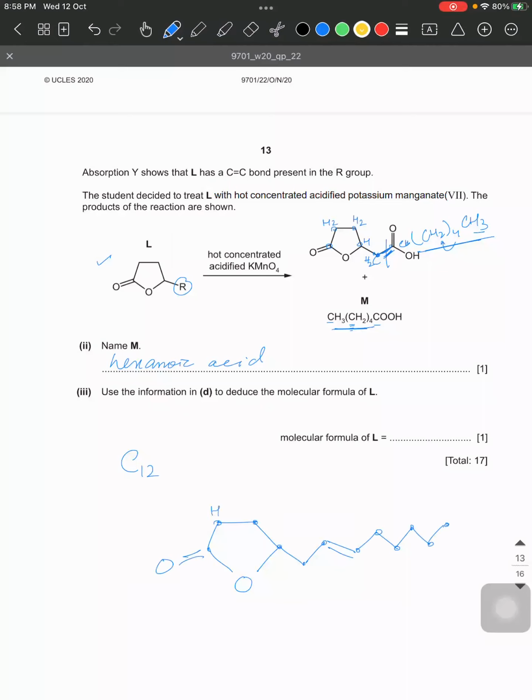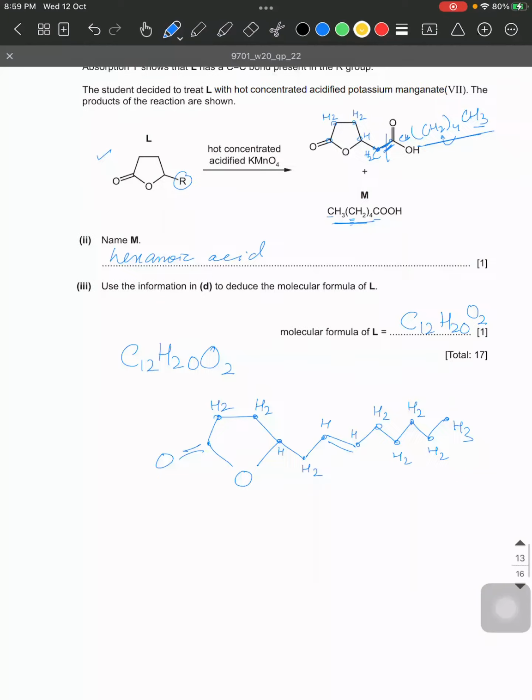And we know that here there should be 2 hydrogen, 2 hydrogen, and here is 1 hydrogen, 2 hydrogen, 1, 1, 2, 2, 2, 2 and 3. So it is 4, 5, 7, 8, 9, 11, 13, 15, 17 and 20 hydrogens over here. And if you talk about oxygens, we have 2 oxygens over here. So it is C12H20O2. Okay, so this is the molecular formula of the structure over here.